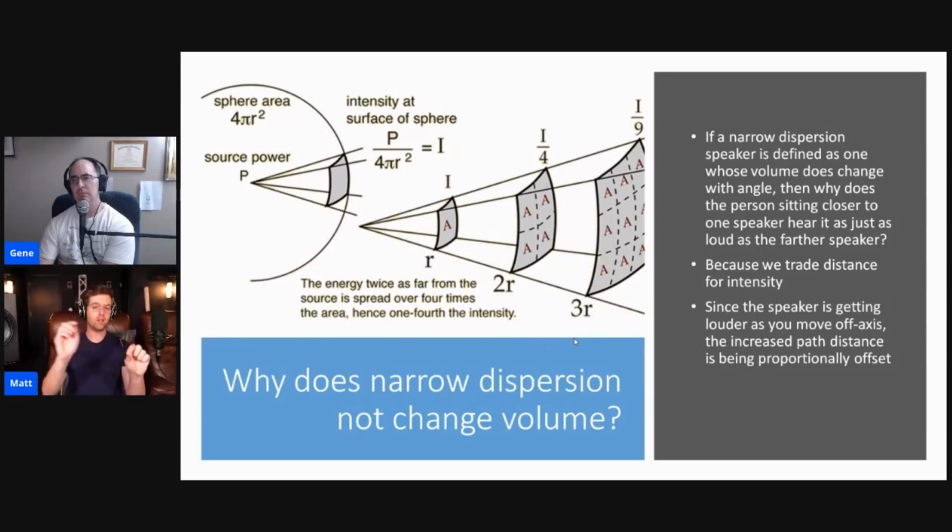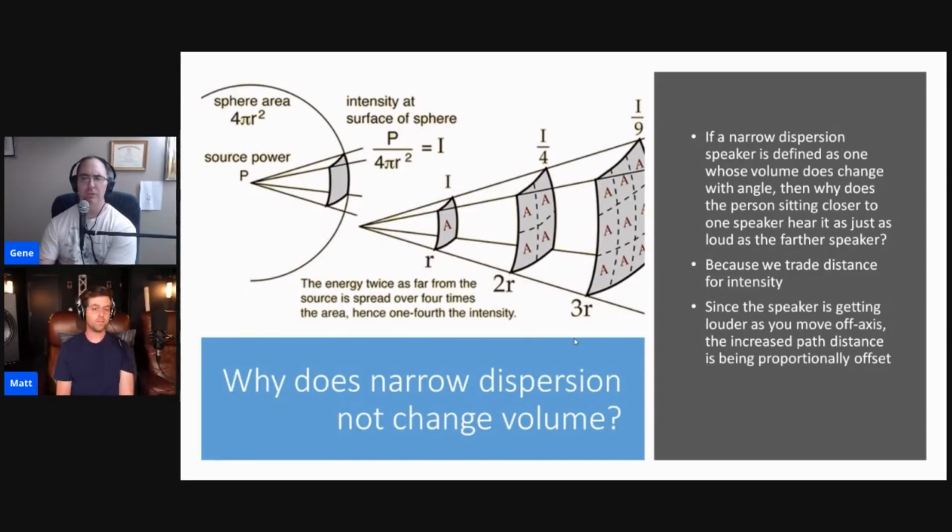Then from around 800 hertz to, we'll say, 15 kilohertz, it's actually flat at almost every angle until you get out to about, I'd say, close to 60 degrees off to each side. Then it does start to do that kind of angle shaping again across all the frequencies. But what that means is that you're not seeing a change in tonal balance as you get off axis. You're just seeing it get quieter. And that's what's critical to what's needed for this. You have to have a good constant directivity speaker.